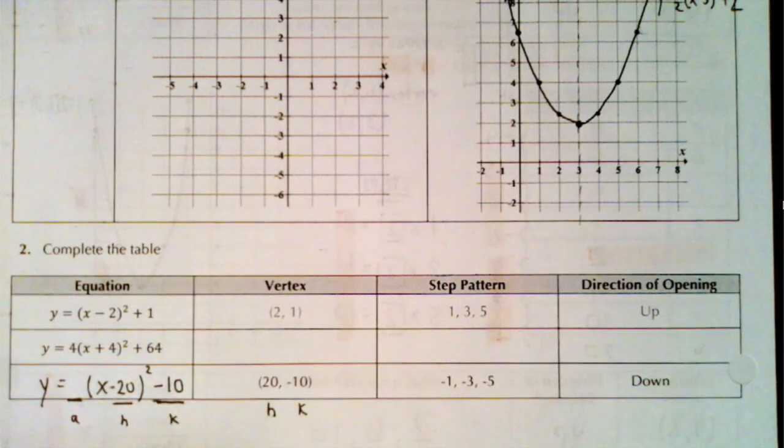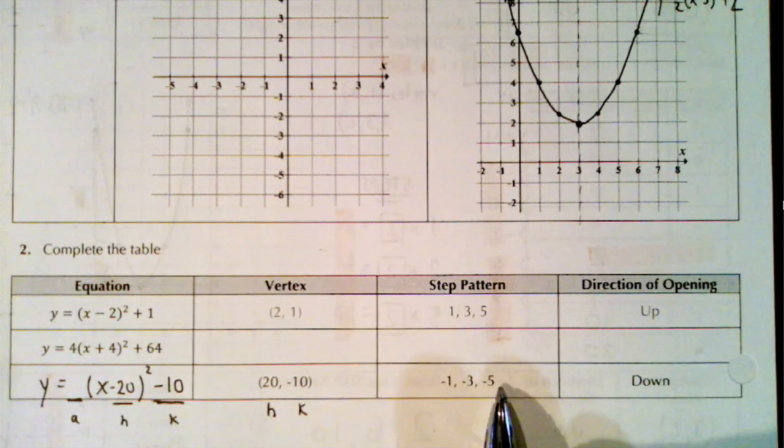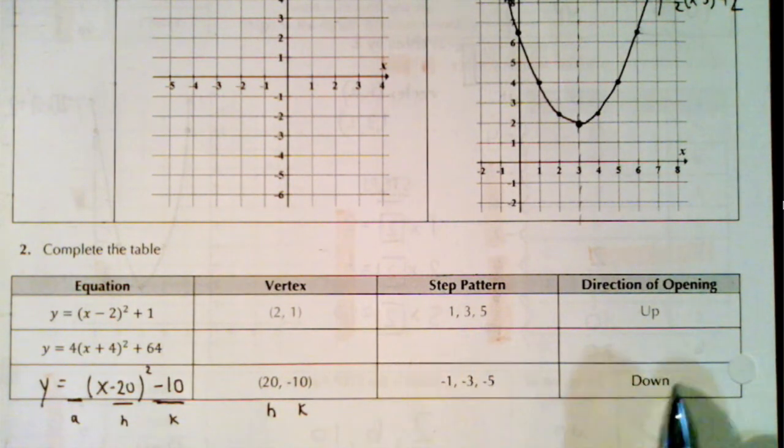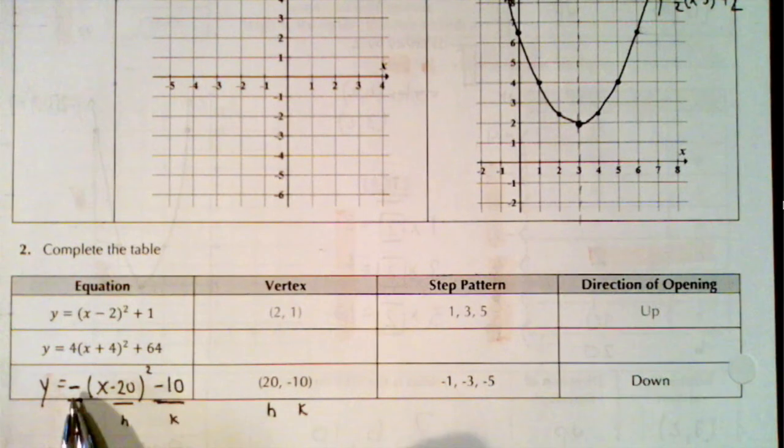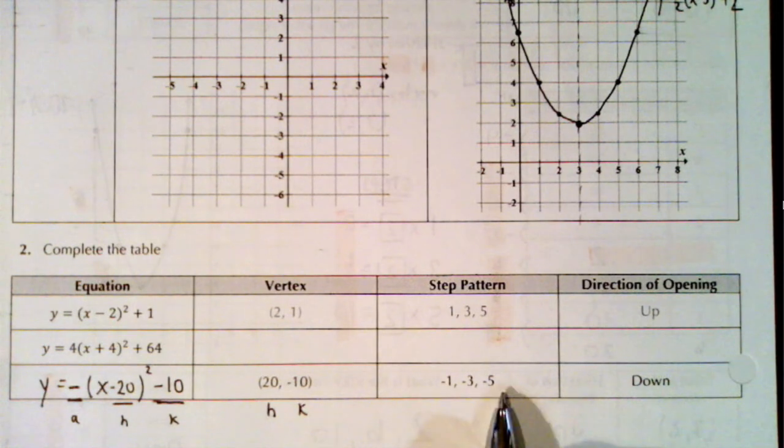Follows the pattern. Now our steps, instead of being 1, 3, 5, are negative 1, negative 3, and negative 5. And we're opening down. Down tells us that A is going to be negative. Negative what, though? Well, negative something times 1, 3, 5 gave us our new steps. Well, our new steps are the same numbers, just with minus signs.